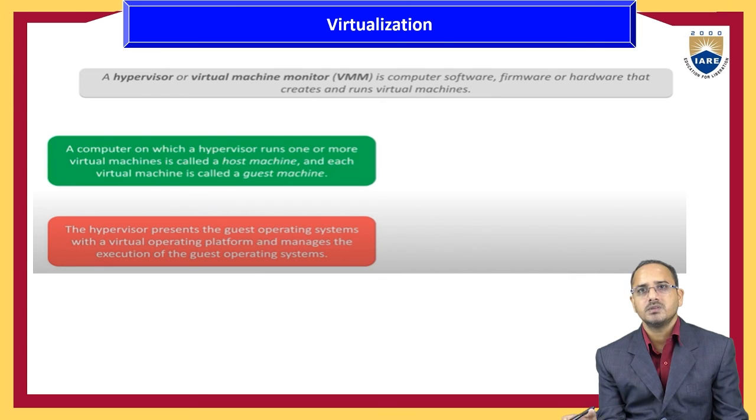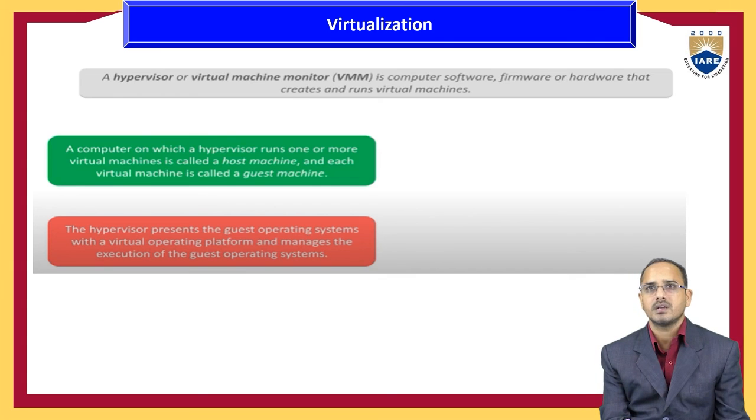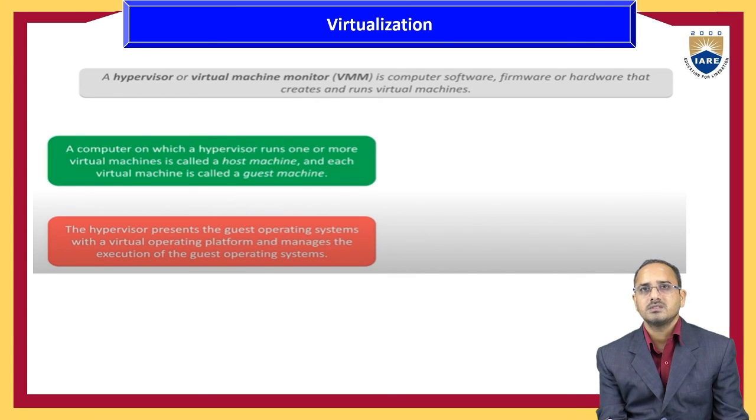And the hypervisor presents the guest operating systems with a virtual operating platform and manages the execution of guest operating systems. As the virtual machines have been created, guest 1, guest 2, guest 3, as we have seen in our example, the guest machine will have the guest operating system, and the host machine will have the host operating system.